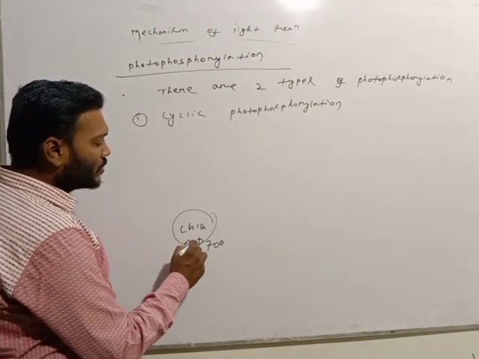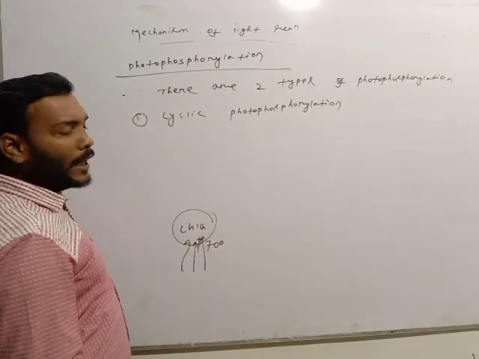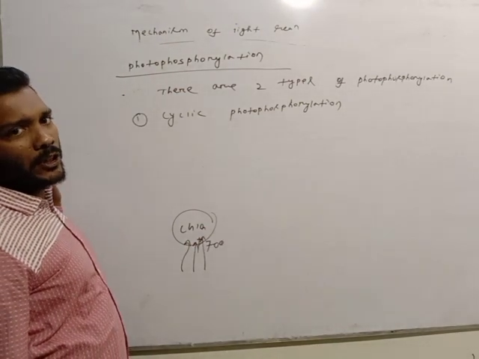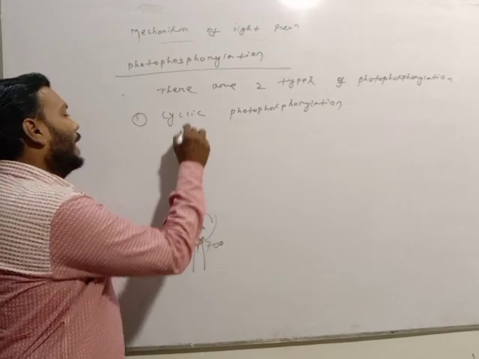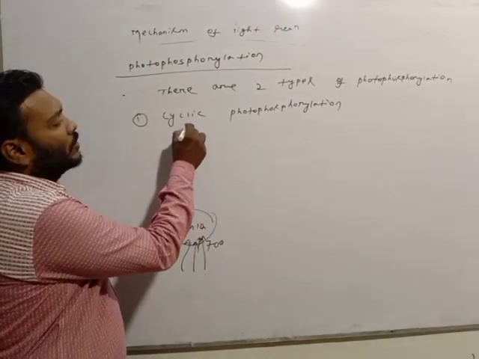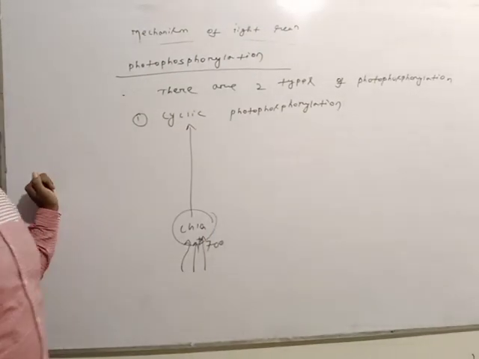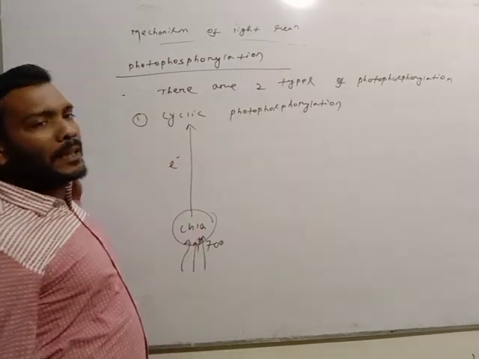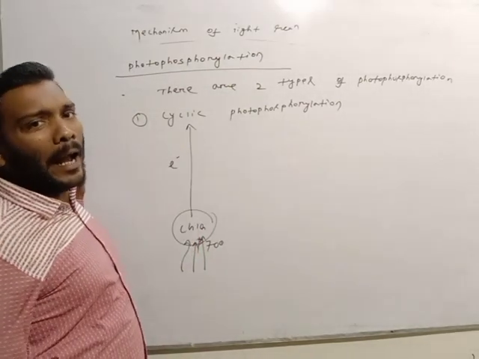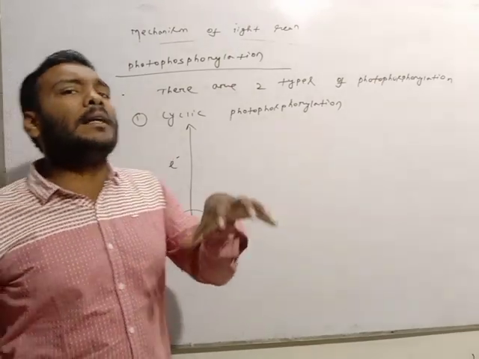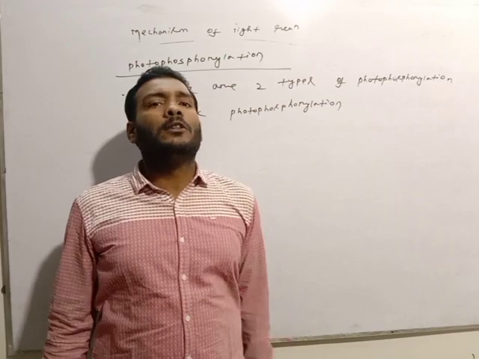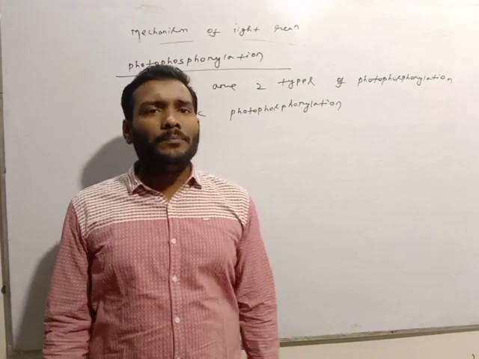When photons, or the solar energy, are absorbed by the reaction center, the chlorophyll A molecule loses an electron, and the electron goes to its higher orbit, and in that higher orbit it stays for 10 to the power minus 6 to 10 to the power minus 9.